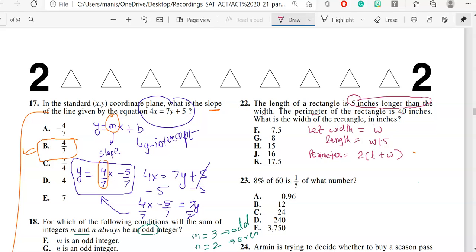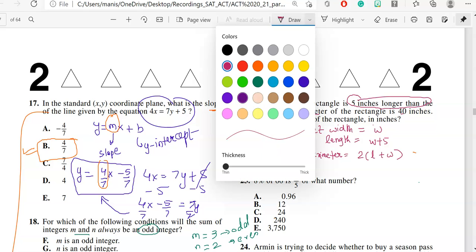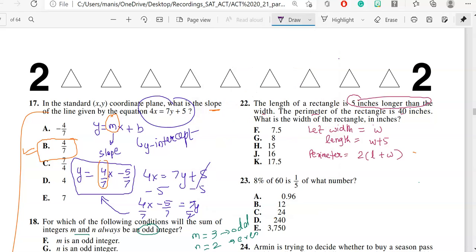Now I will replace all of this by the values which have been given to me. The perimeter is 40, so I replace the perimeter by 40 over here. Then the length is W plus 5 and the width is still W. So I will solve this part over here. 40 is equal to 2 times (W plus 5, plus W), so 2(2W plus 5).